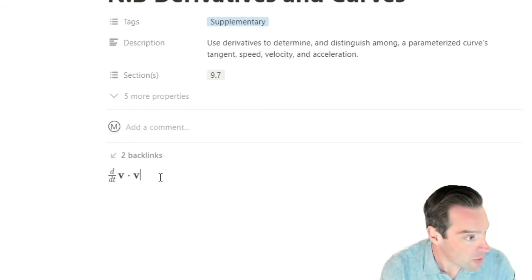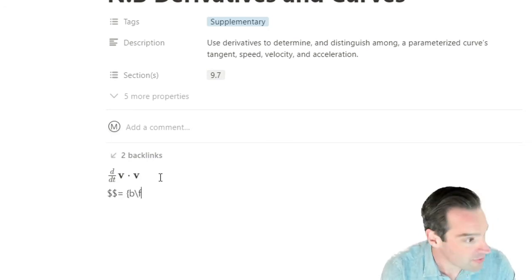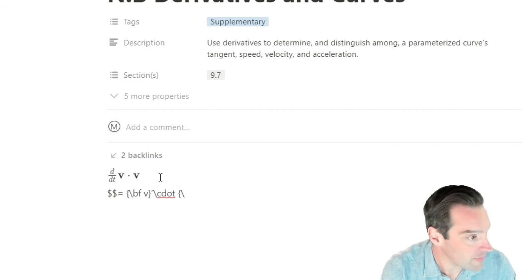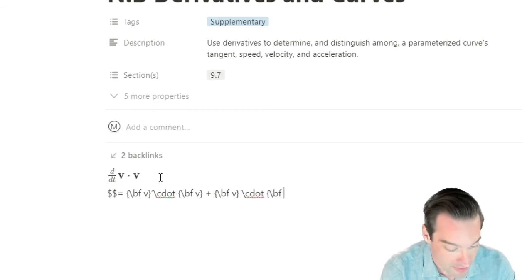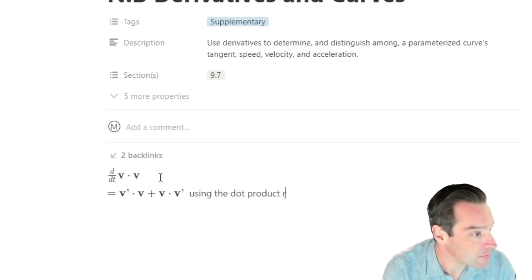And according to the dot product rule, this should be equal to the derivative, I'll just call it v prime, dotted with v. So it's the derivative of the first dotted with the second, plus the first dotted with the derivative of the second. Right? So this is using the dot product rule.